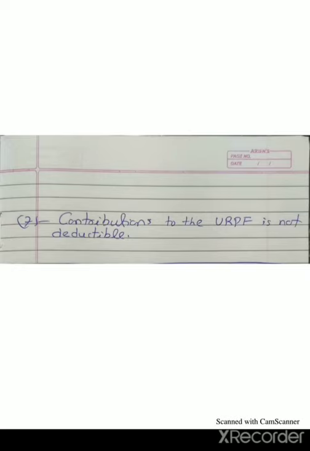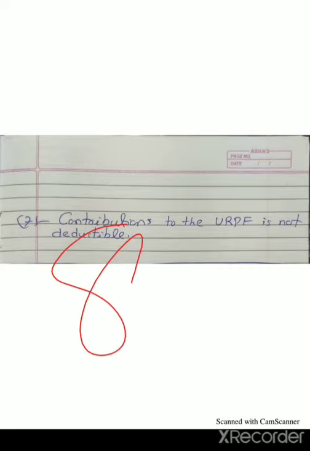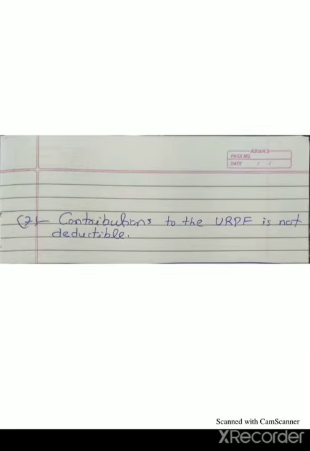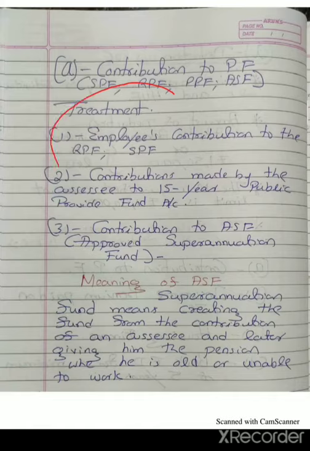Contributions to URPF, Unrecognized Provident Fund: if any assessee contributes to an Unrecognized Provident Fund, that amount is not eligible to claim under Section 80C. So these are the special treatments for contributions to PF.